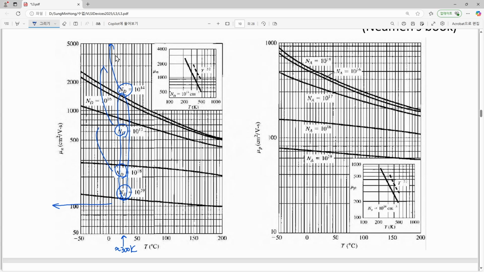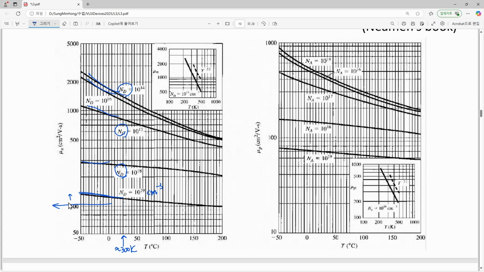Of course the electron mobility is increasing, but it is not increasing that much in this case. For example, in the case of a donor density of 10 to the 19 per cubic centimeter, what happens? Although we have reduced the temperature quite a lot, the increase of our electron mobility is quite marginal.